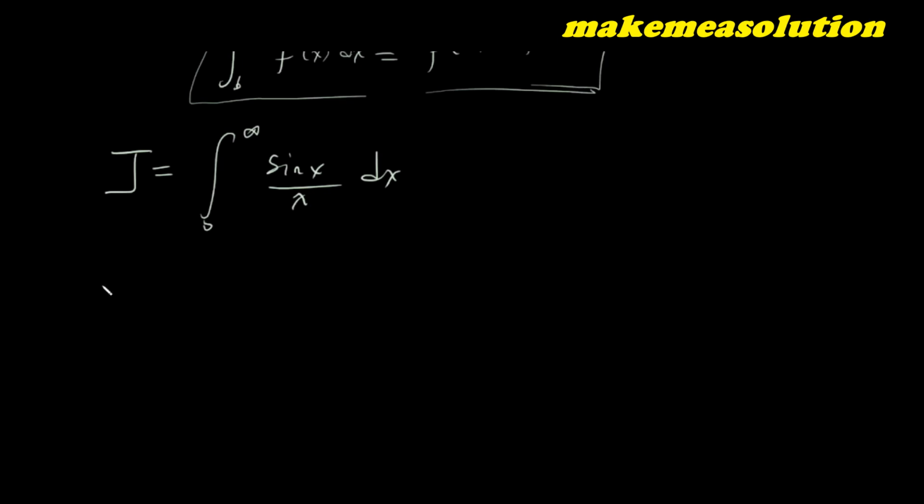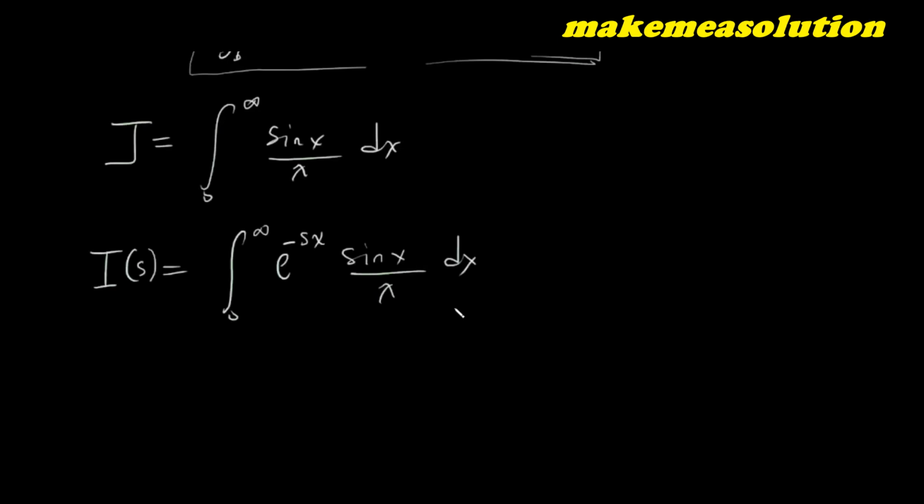So I'm going to use Feynman's technique by defining a new function I of s, the integral from 0 to infinity, and what we usually like doing is to introduce this dummy term, exponential minus sx, to the integral of sine x by x dx. I'll call this equation 1.